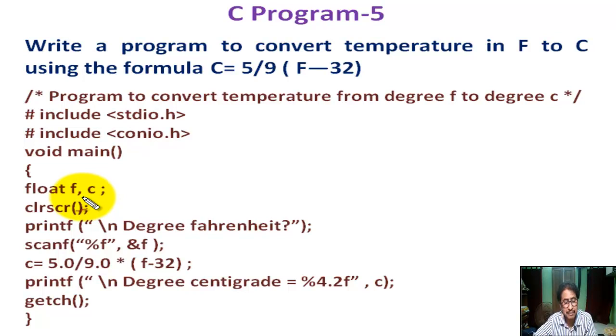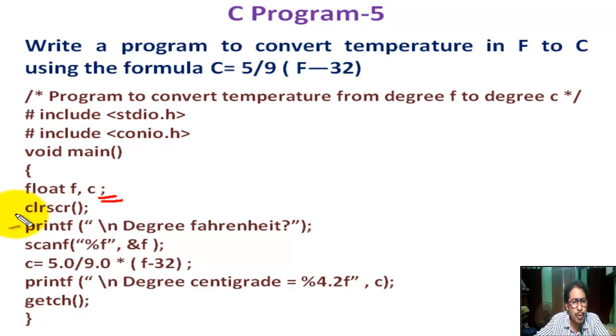It has a decimal part. We declare two floating variables F and C: float, in small letters, F comma C semicolon.